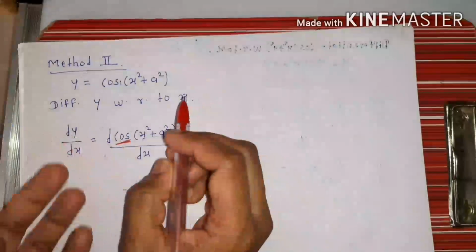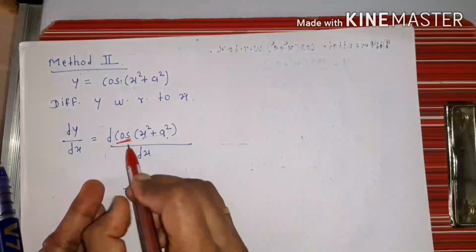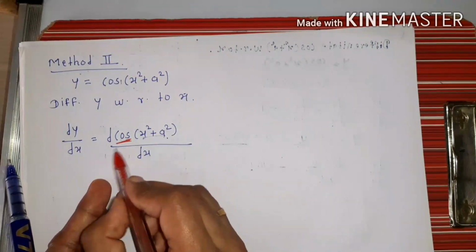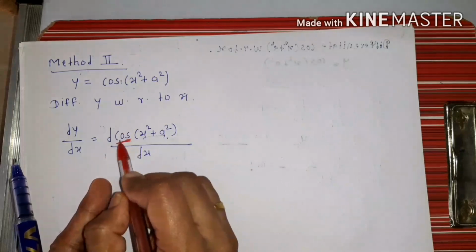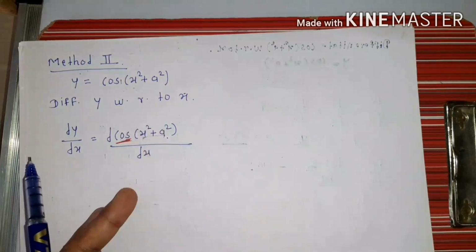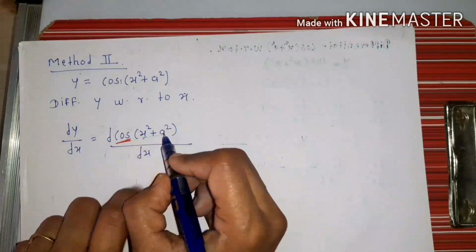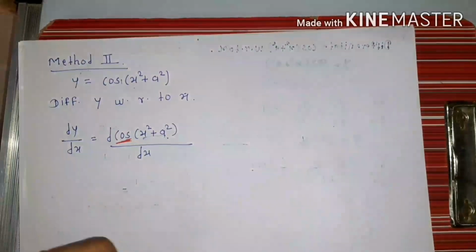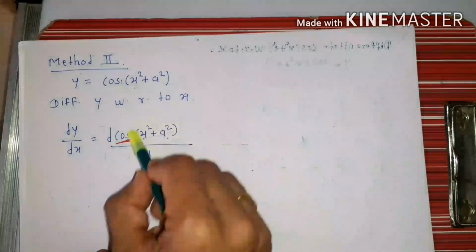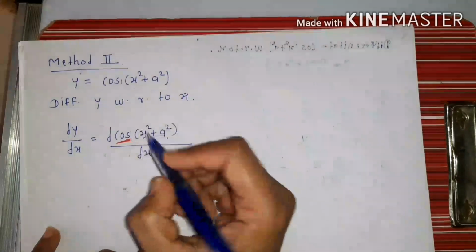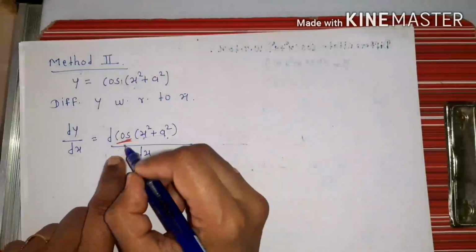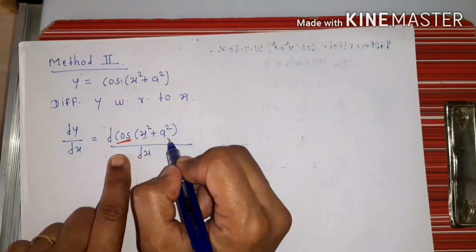Differentiation of cos is minus sin x, and by using this formula we will differentiate the cos function. And again cos is a function of x square plus a square, and this x square plus a square is again a differentiable function, which means that we can differentiate it. So differentiation of cos of x square plus a square.